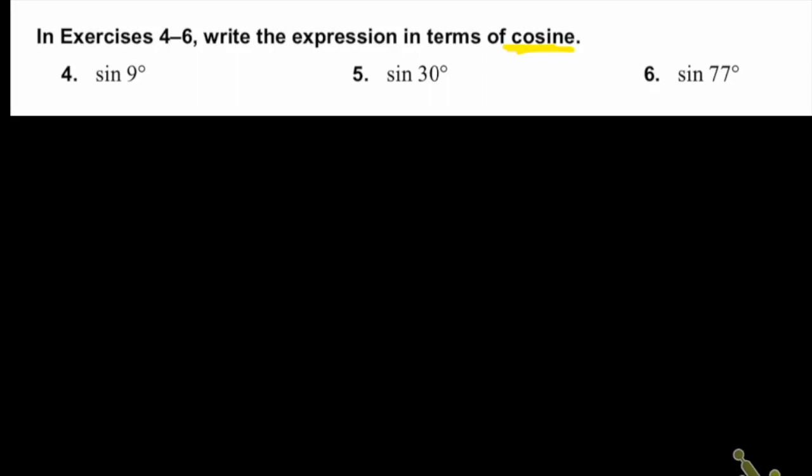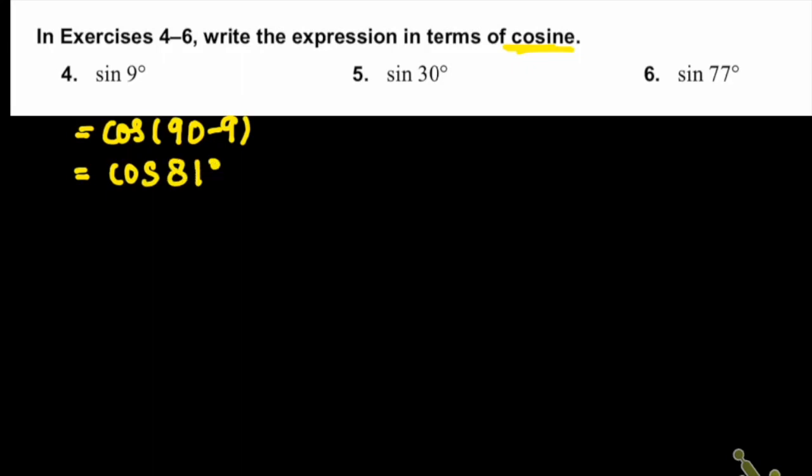We know that the sine of any acute angle is the cosine of the complementary angle. So for this one, that's going to be cosine of 90 minus 9, which is cosine of 81 degrees. Why did I do it?